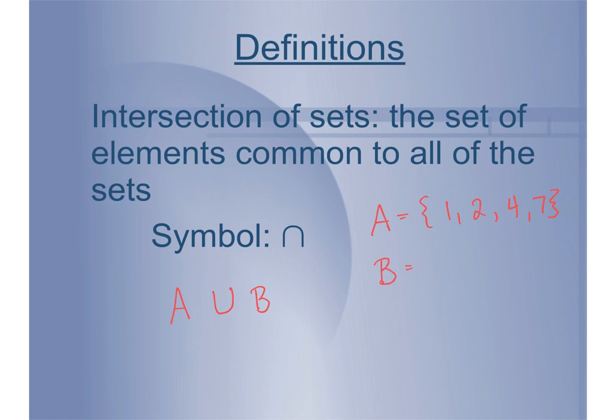And then B is 1, 3, 7, and 8. Now I am looking for where they cross over. So I only want the elements that are in common to both, all right? I'm not going to list any other element except where they have in common. So the intersection here would only be what numbers? 1 and 7. 1 and 7. And that is intersection.